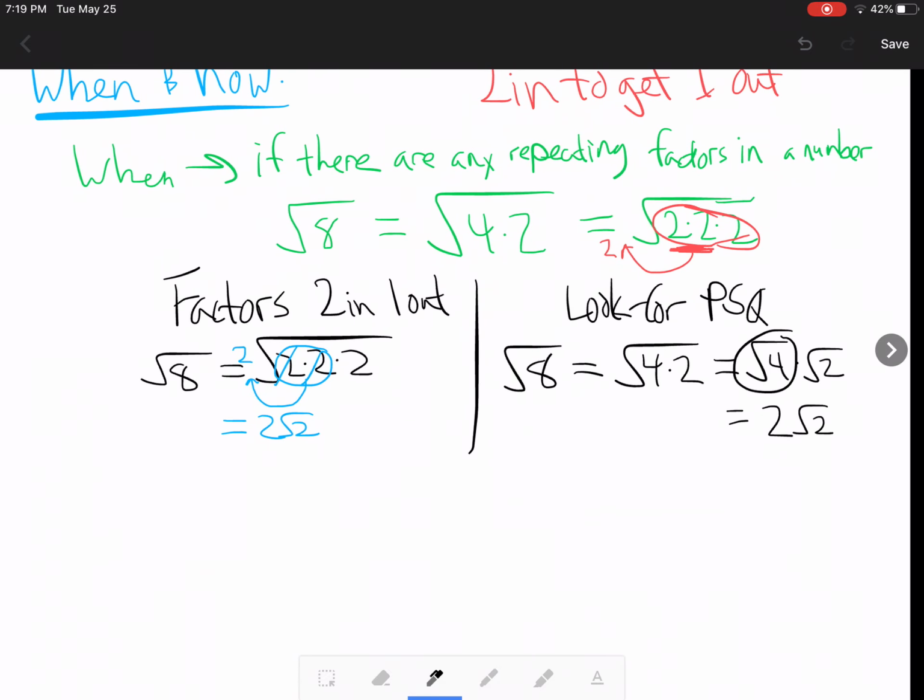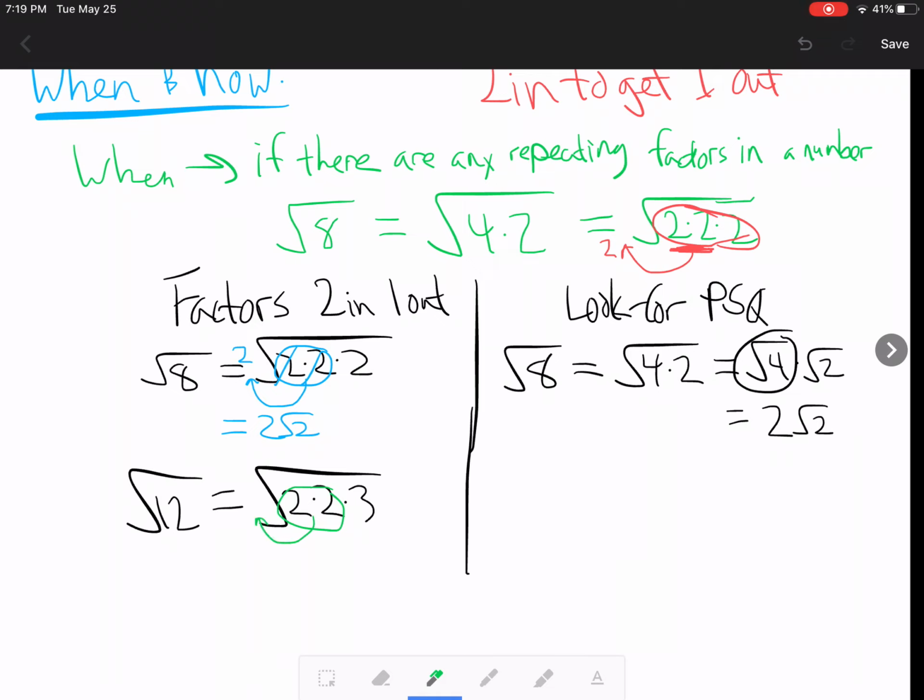Let's do another example. And actually, let's change it up a little bit. Let's go with square root of 12. Now, if I want to do all the factors thing, I would break this down as 2 times 2 times 3. Because 12 is 2 times 6, or 4 times 3, however you want to look at it. Again, I need to have 2 numbers, and I can take 1 of them out.